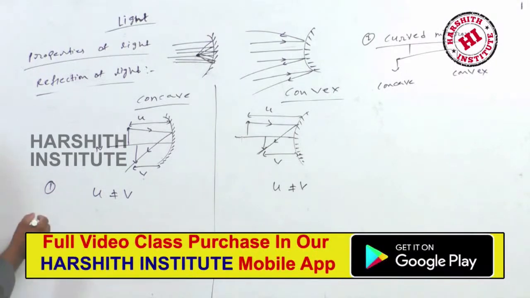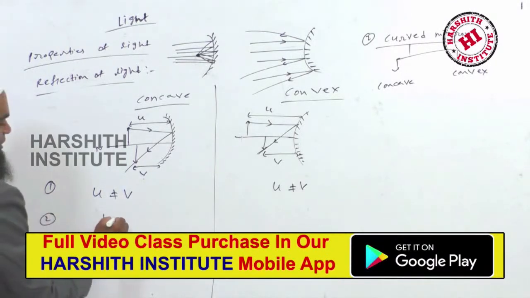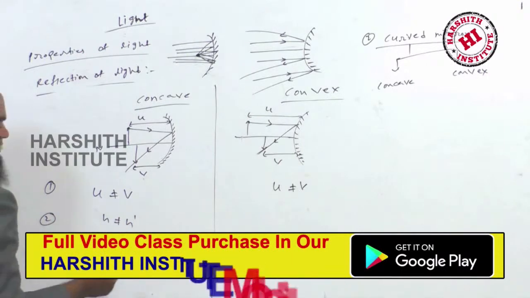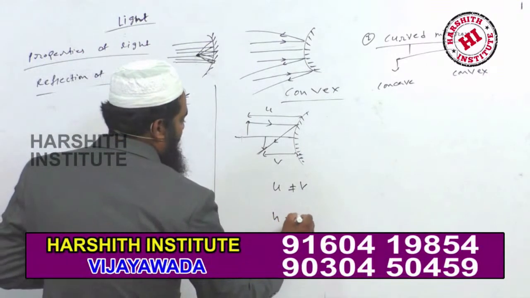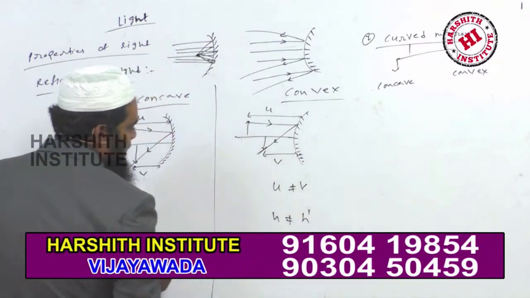Condition number 2: h is not equal to h dash. In the same way here, h is not equal to h dash.